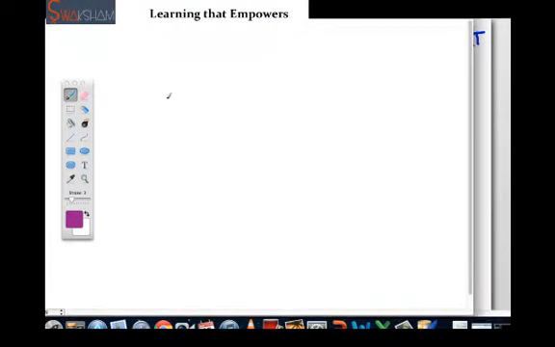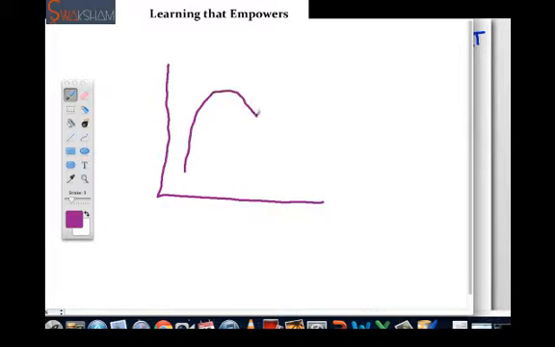Now let's take another look at this PV graph, and we already saw that the van der Waals equation was able to define this two-phase region, the liquid region and the vapor region. So we were able to get this information from the van der Waals equation itself.